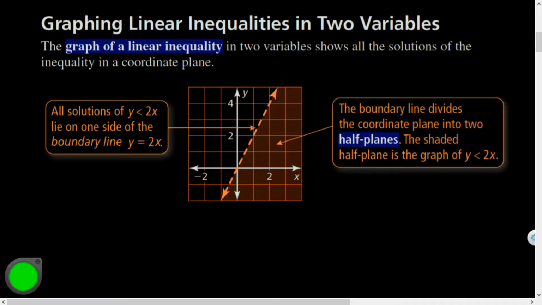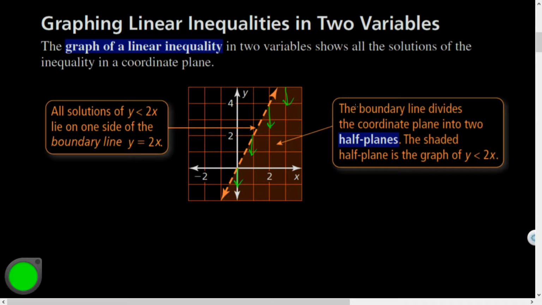If my solutions are y less than it, I have a dashed line, and the points less than it are everything underneath it. Since this is y is less than, I'm thinking vertically. So everything less than this line is a solution.